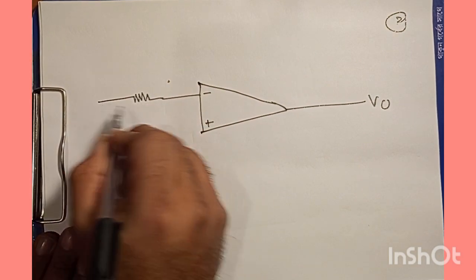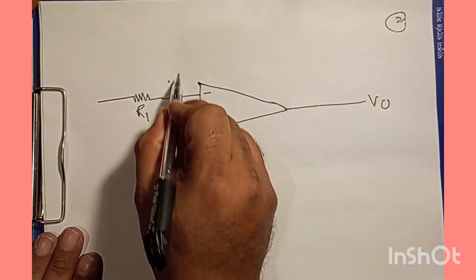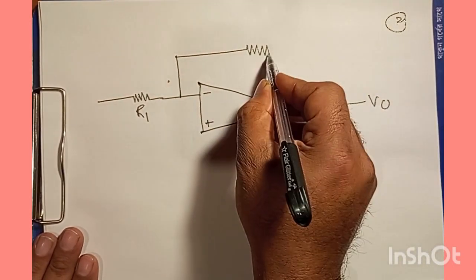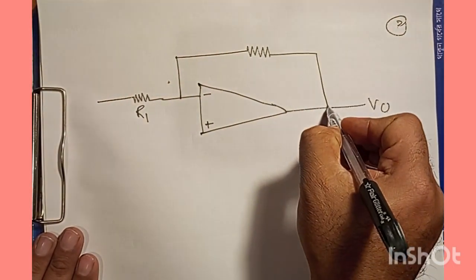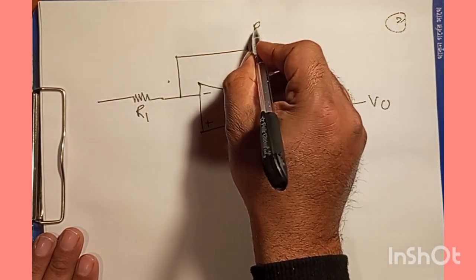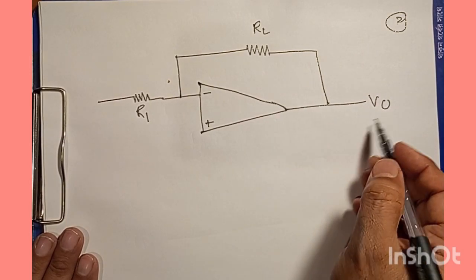we have a resistance. Let's call it R1, and here we have another resistance. Now, in general, we used to call it feedback resistance, but here we will call it load resistance because this resistance is directly connected to the output.